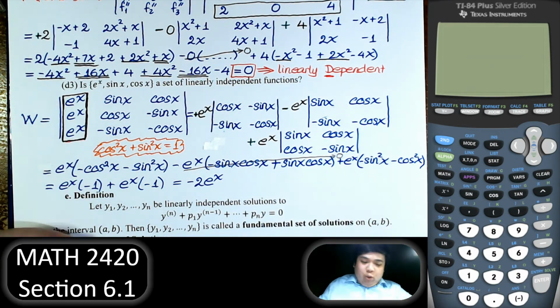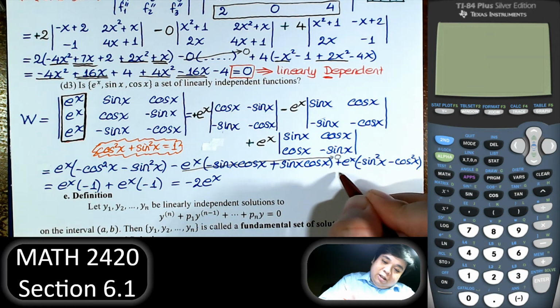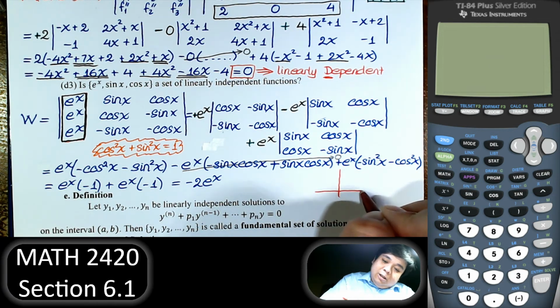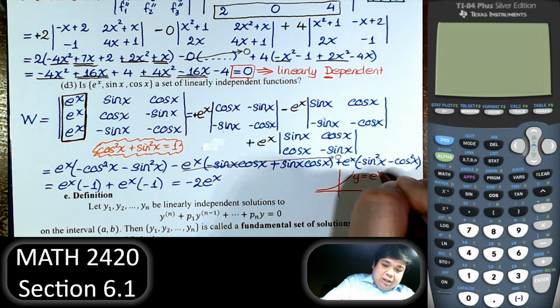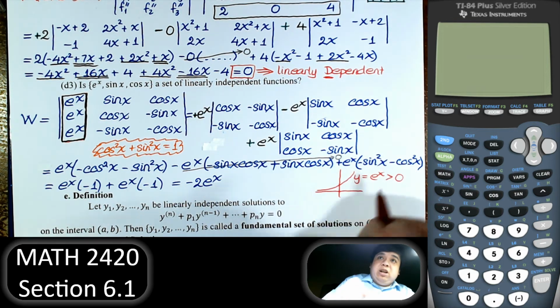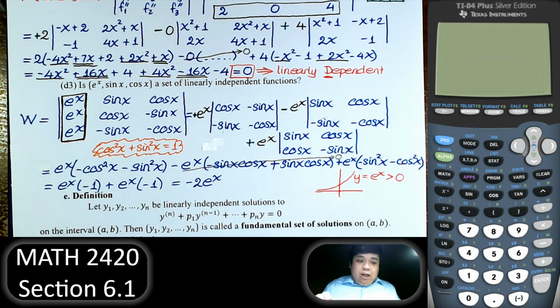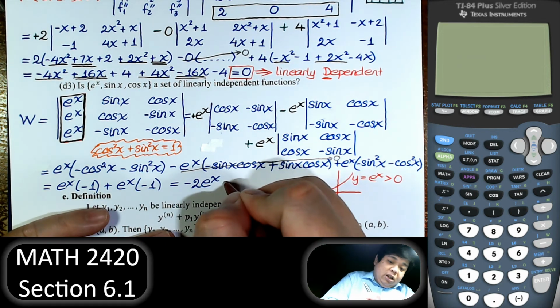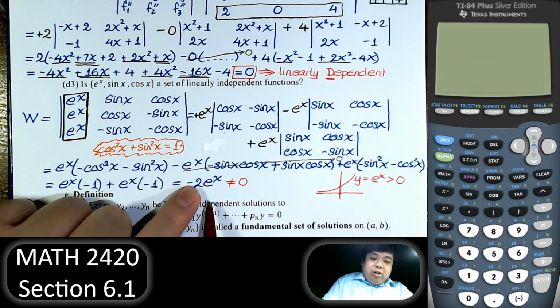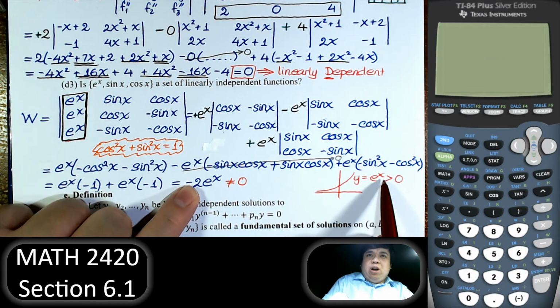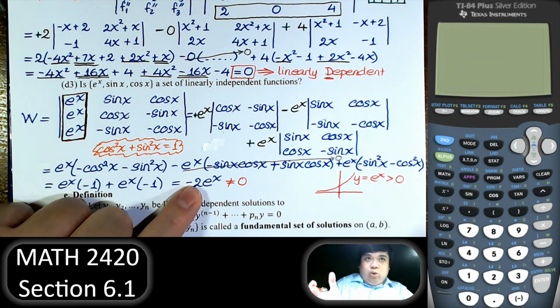Now, the exponential function y equal to e to the x is going to be positive for every x. So what we have here is not equal to 0, right? Of course, if it's greater than 0, it is not equal to 0.